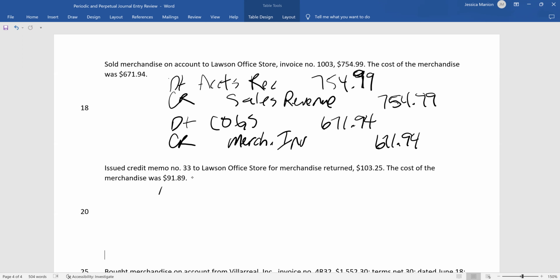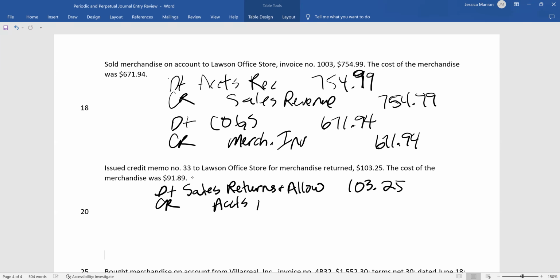So this one is debit sales returns and allowances 103.25, credit accounts receivable 103.25. And then we have to basically flip-flop this entry, right?